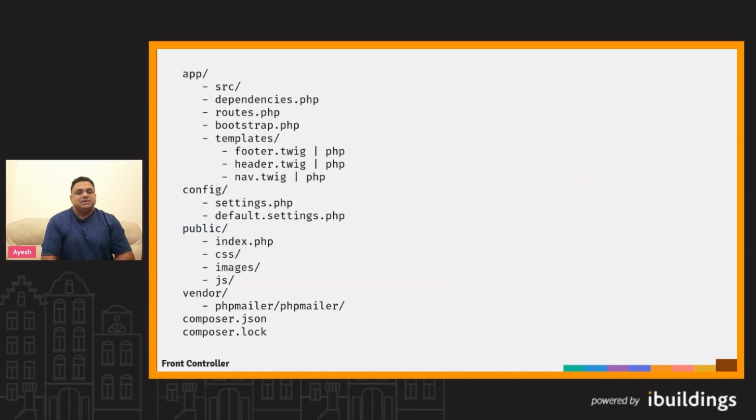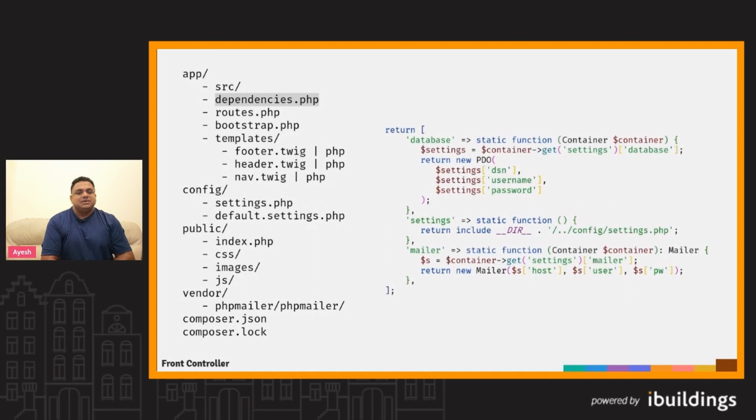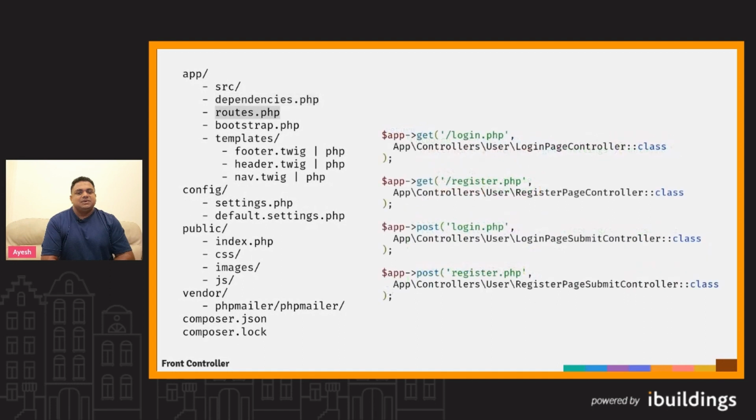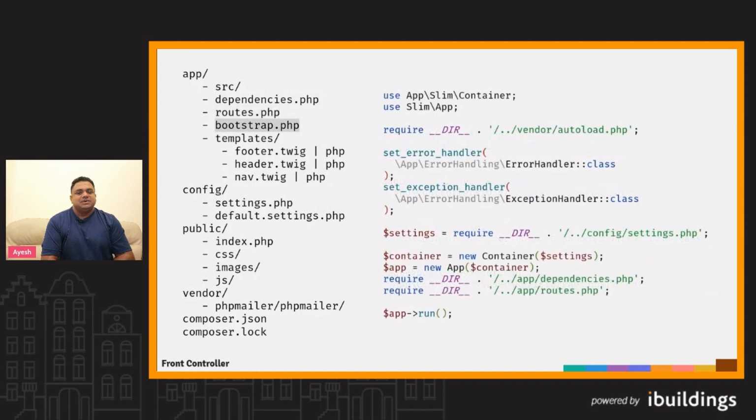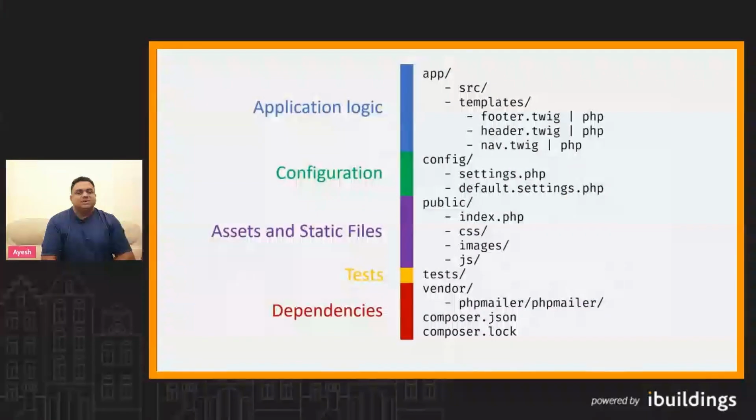Going back to this example, to summarize: we extract all of the dependencies, we extract all of our routes, and we tie everything together from this bootstrap file, which brings us to what we were looking for from the beginning. Everything is separated, and you know where to look for the application logic.